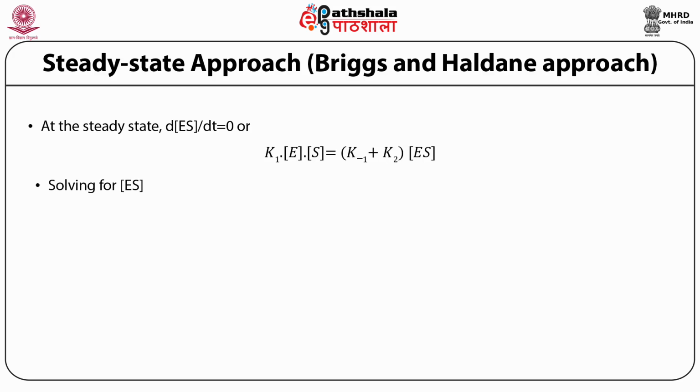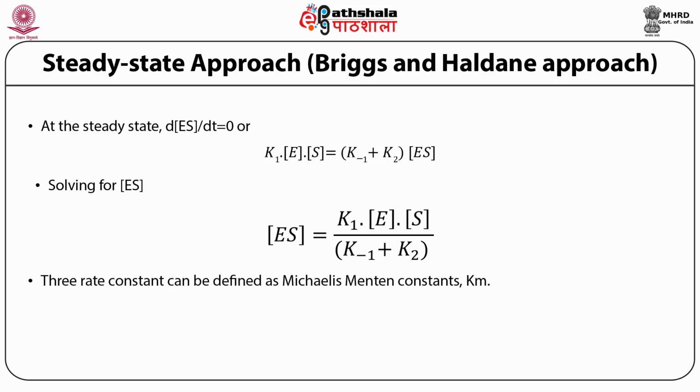So if you solve it for ES complex, you will find that ES concentration is equal to K plus 1 into free enzyme into free substrate divided by K minus 1 plus K plus 2. The three rate constants present here, K minus 1, K plus 2, K plus 1, are defined in terms of the Michaelis constant, that is Km.